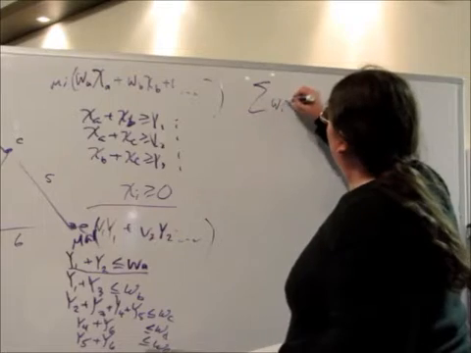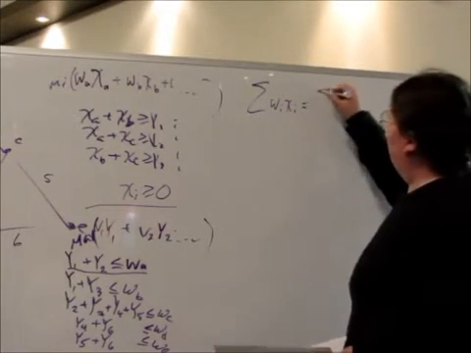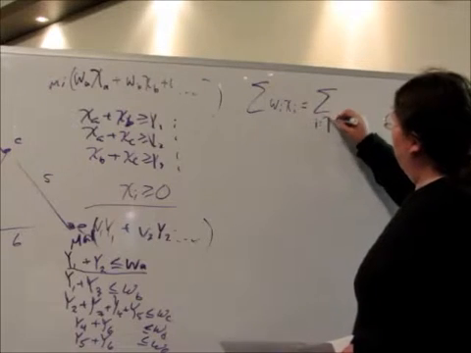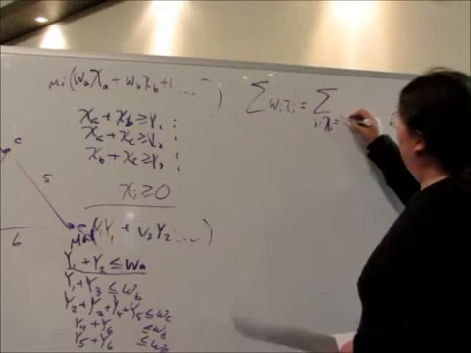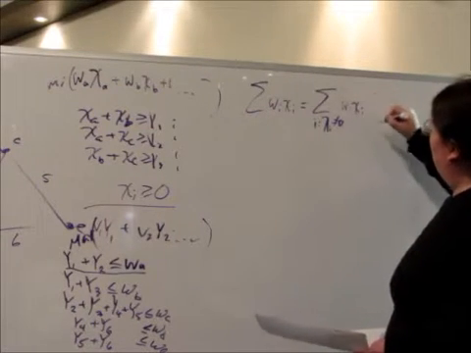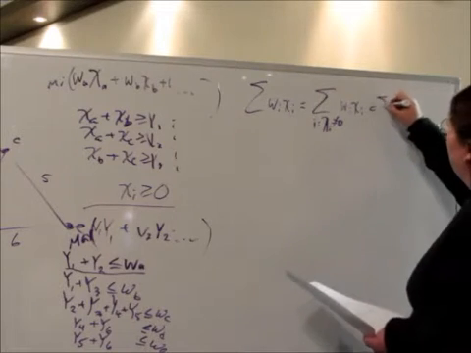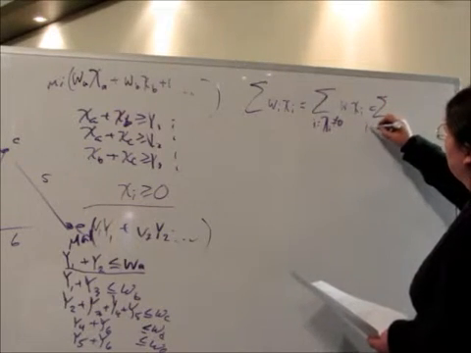So I had my xi's, I had their weights, and I had excluded the ones that are equal to 0. And now we're going to do a weird looking thing. I still got this part of the sum, that's going to be the same.